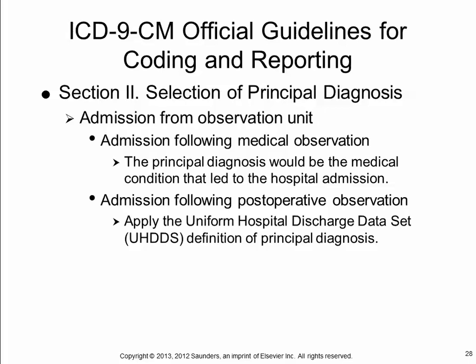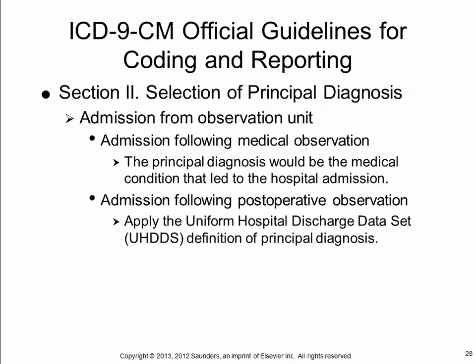If you have someone that's being admitted from an observation unit, okay? So let's say you are admitted for medical observation, and they hold you and they decide, you know what, yes, we need to keep this person. Then the principal diagnosis is still going to be the condition that led to the hospital admission. Admission following post-operative observation.